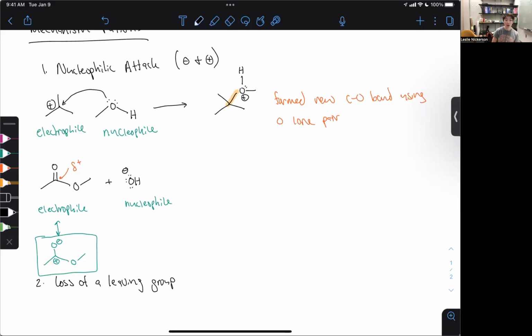When I'm having my nucleophile attack this electrophile, let's take that attack right there. When I was up here with that positive charge, I only needed to do 1 arrow because this carbon is positively charged, so it still needs 4 bonds. I was just able to give it that 4th bond without moving anything else. Here, this carbon already has 4 bonds. It's only a delta plus, not a full plus. So in that case, something has to move on this carbon in order for me to form this new CO bond.